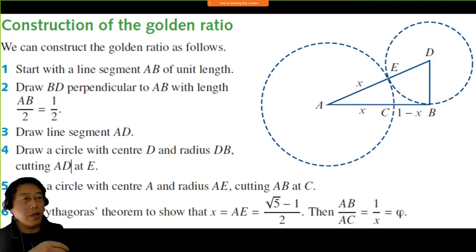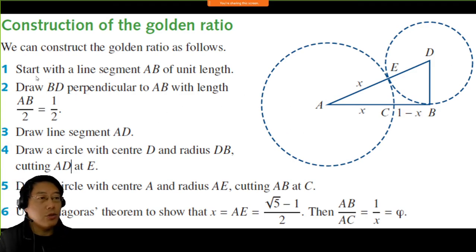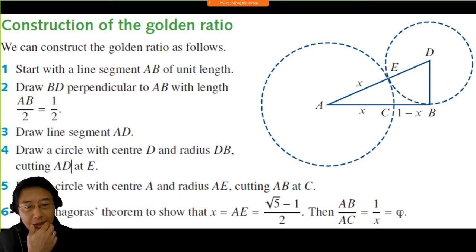What you do is you start with a line segment AB of a unit length. So to do a unit length, let's say you don't scale it, a unit of 1 meter will be too large, 1 centimeter will be too small. I think to make it a factor 10, 10 centimeters will be a decent size, but you can always use a scale factor anyway.